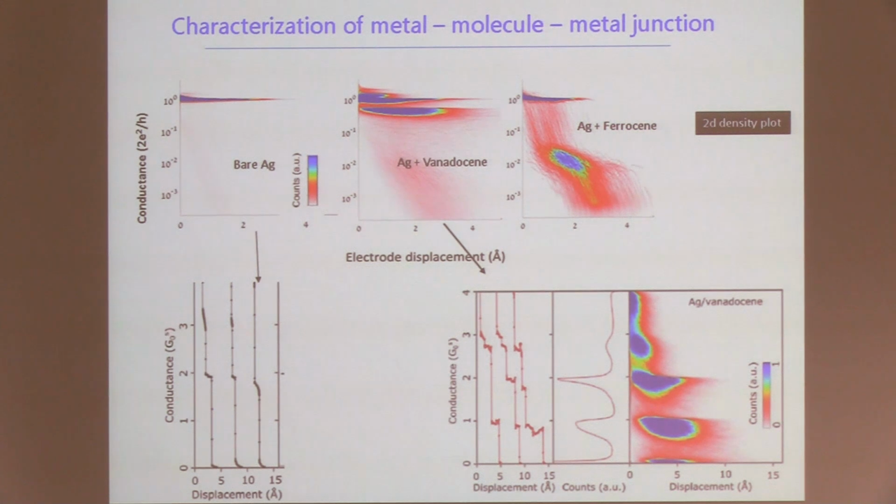That itself is surprising. Generally, in a molecular junction the conductance is very low, of the order of 10 to the power minus 2, 10 to the power minus 3 G0. In fact, in our ferrocene junction, the most probable conductance is of the order of 10 to the power minus 2 to 10 to the power minus 3 G0. So generally the conductance is very low, but this is a very high conductance for a molecular junction, at 0.5 times 2e²/h.